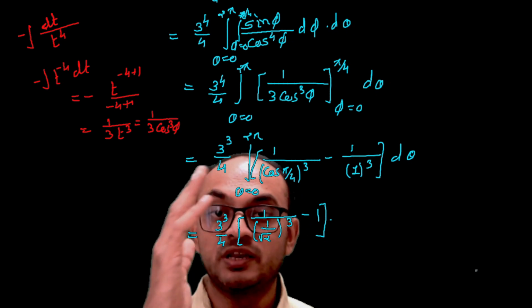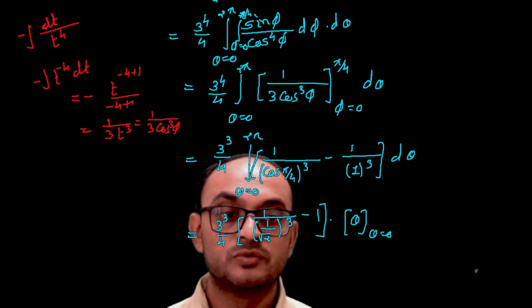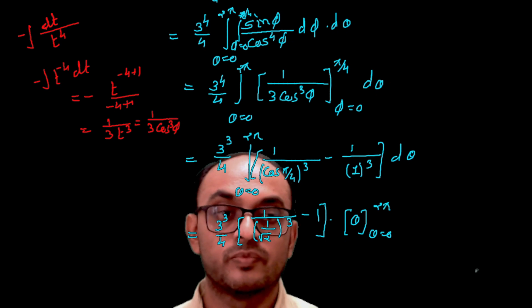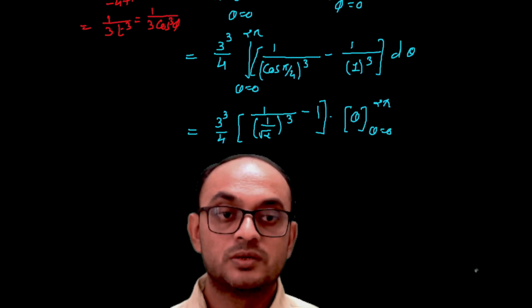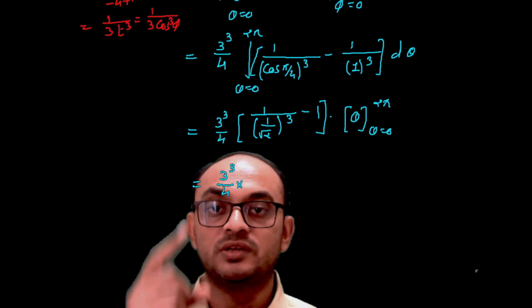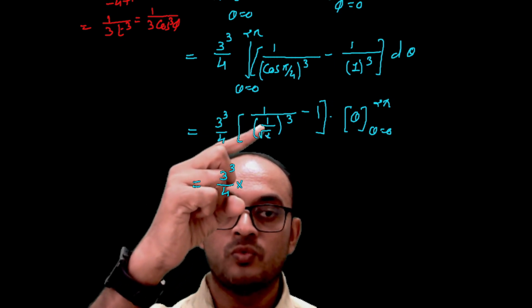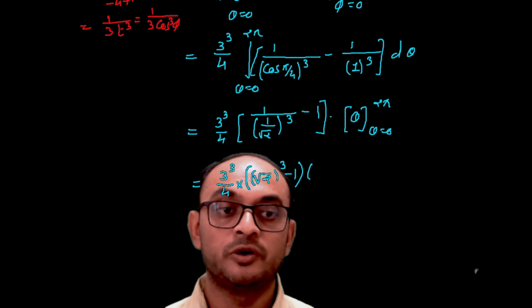Now what is the integration with respect to theta? It is theta from theta equal to 0 to 2 pi. So this is equal to 3 cube divided by 4 into, see, this is 1 upon root 2 whole cube, is root 2 whole cube minus 1 into 2 pi.